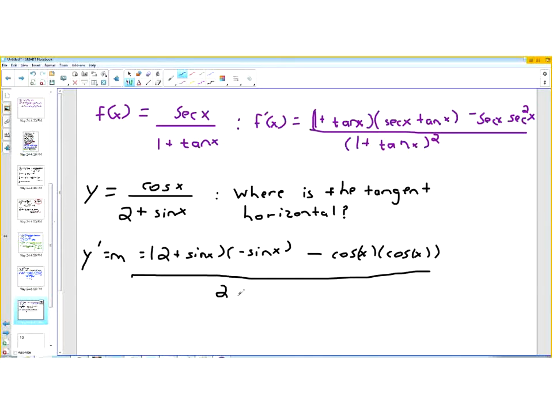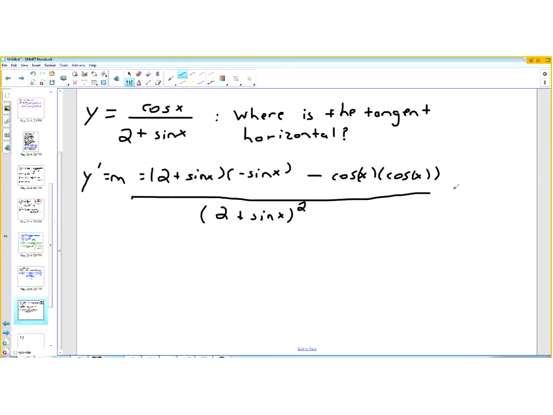Now the bottom function is never equal to 0. And why is that? Because the sine function is never less than -1. And so no matter what x you put in, the denominator is never 0. So to set this equal to 0, all we have to do is let the numerator equal to 0.